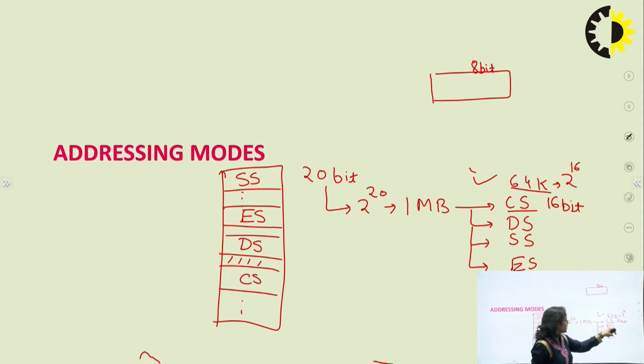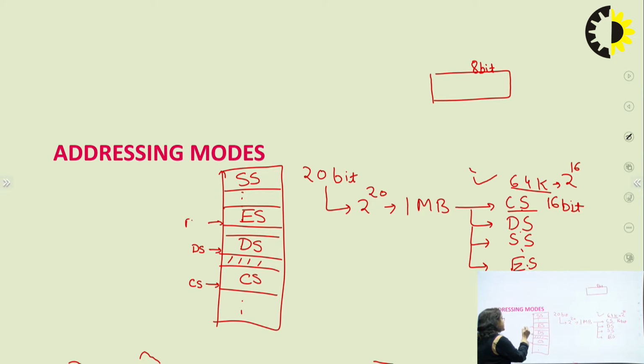So these segment registers, code segment, data segment, stack segment and extra segment, point to the starting address of each segment. For the code segment, the starting address is in the code segment register. For the data segment, the starting address is in the data segment register. Similarly, for the extra segment, the starting address is in the extra segment register, and for the stack segment, the starting address is in the stack segment register.